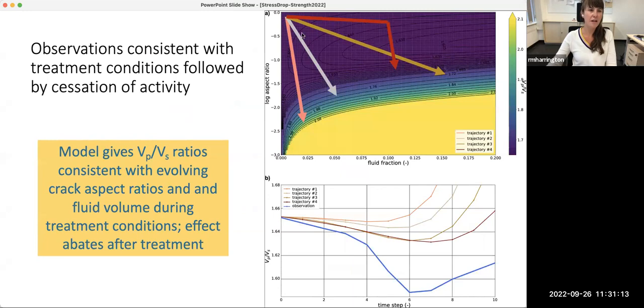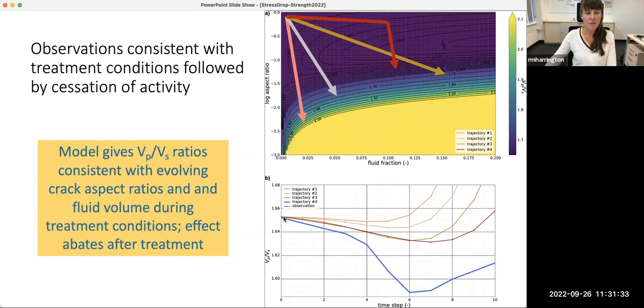We tried to play around with this physical model a little bit. Here I have the log of the aspect ratio versus the fluid volume fraction, and the color bar shows the corresponding VP-VS ratio.